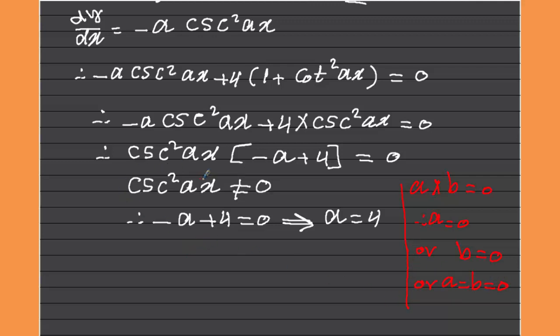So in this part we have cosec square ax equals 0, and this is impossible. So the second part, negative a plus 4, equals 0 to make the left hand side equal 0. So a must be equal to 4.